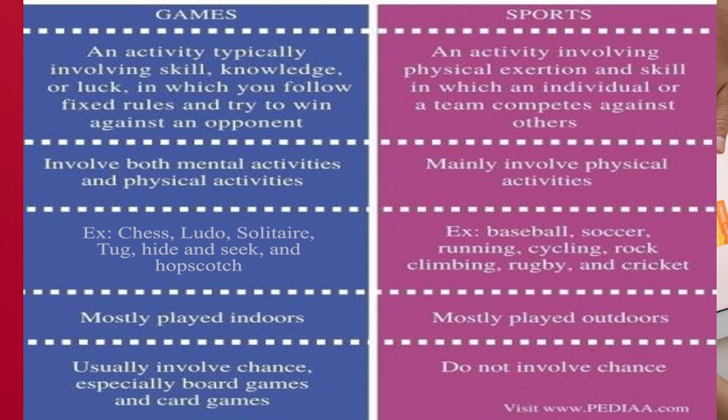But a sport is an activity involving physical exertion and skill in which an individual or a team compete against each other. Now, in the game, we involve both mental activities and physical activities, but sports mainly involve physical activities.